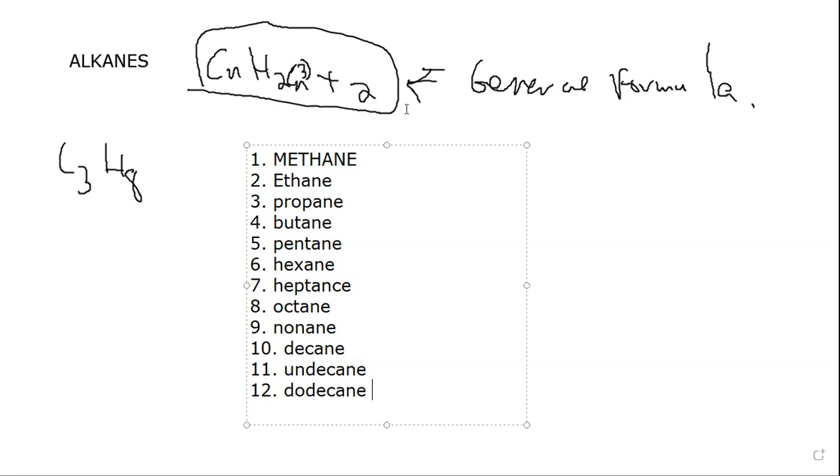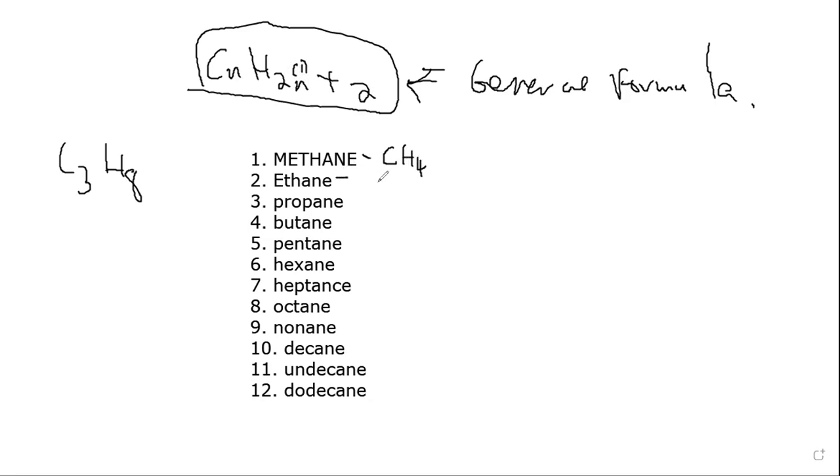So meth is 1. Based on the formula right here, it'll be C, and if it's 1, you put 1 there. So it'll be H, 2 times 1 is 2, plus 2 is 4. So it'll be CH4. Notice I don't put a 1 there because it's already only 1 carbon.